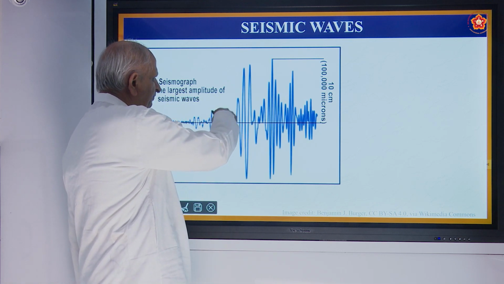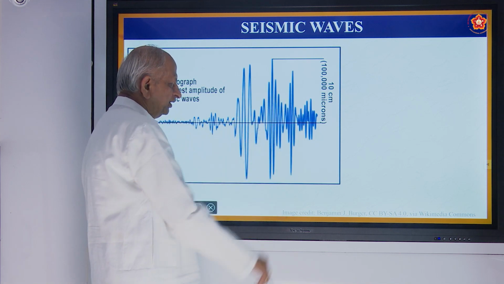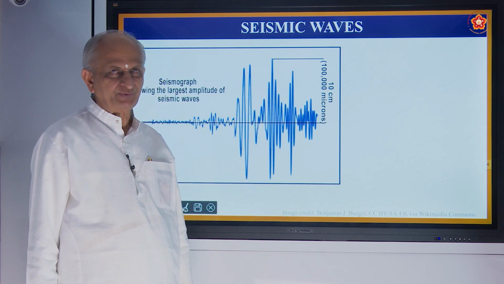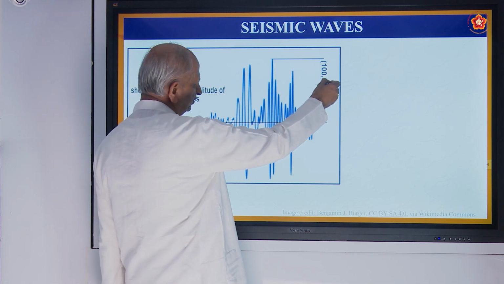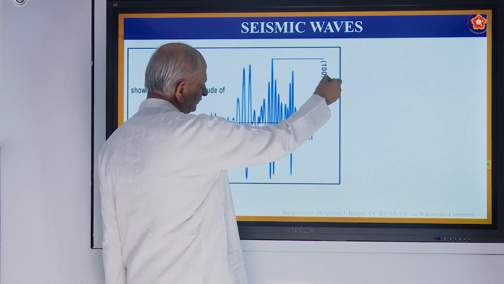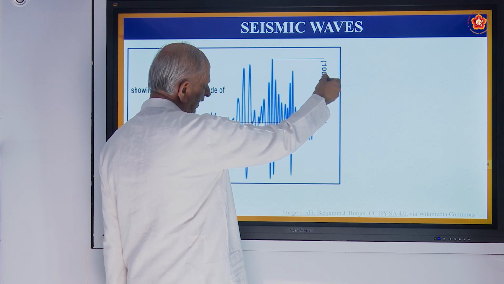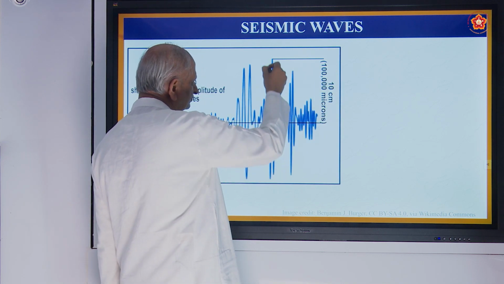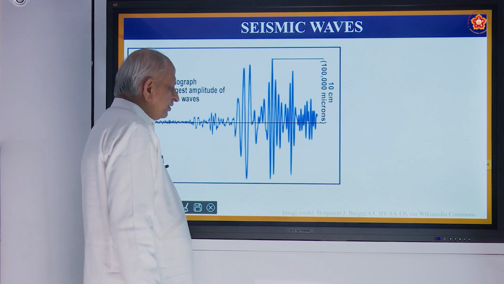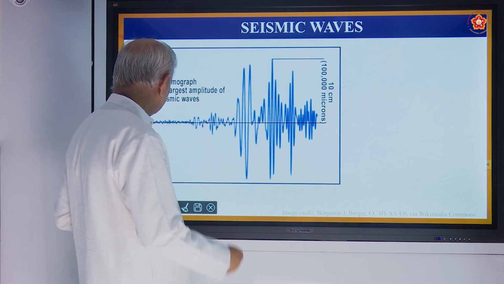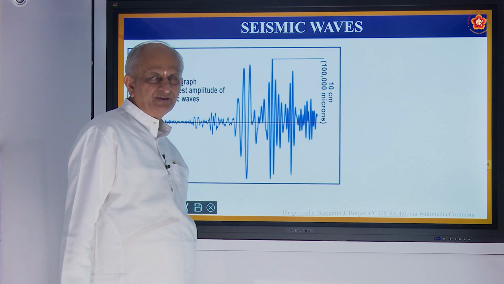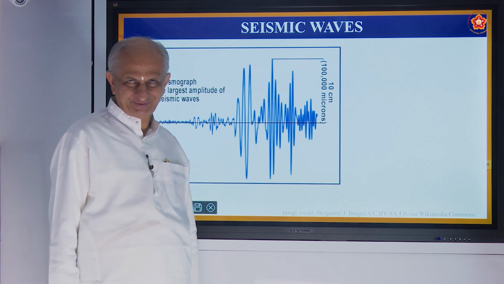So these are the seismic waves. They are transverse waves. So it has a height up to 10 centimeters or 1 lakh microns. So this is on the y-axis, this is on the x-axis. These waves are called seismic waves.